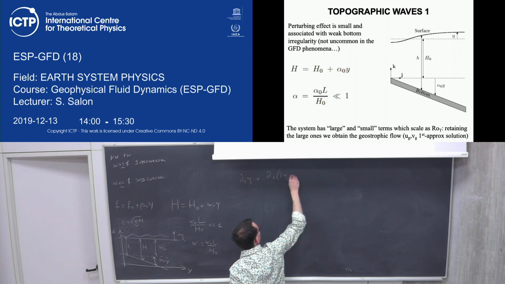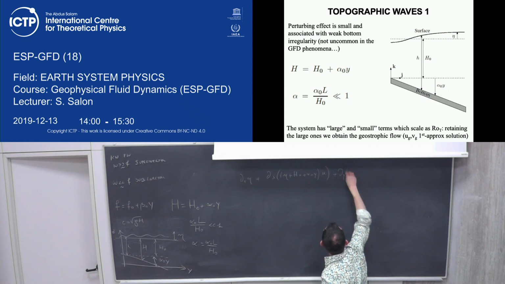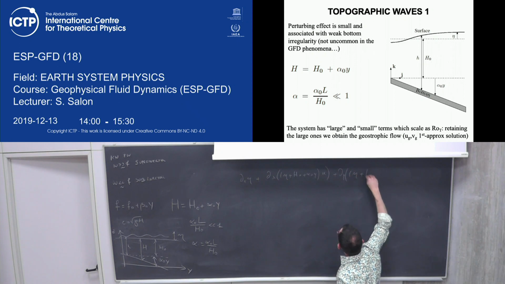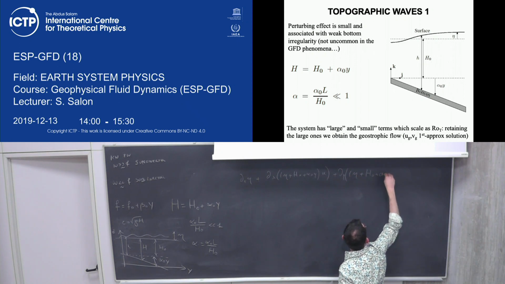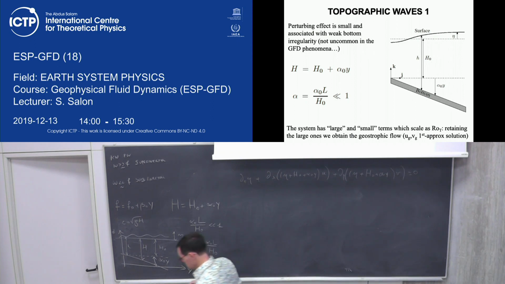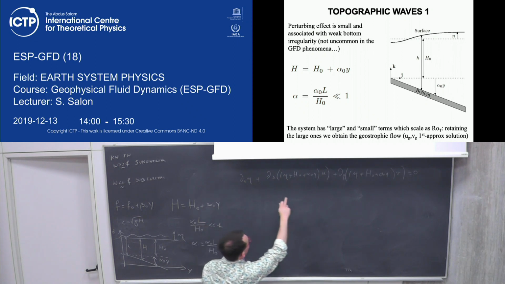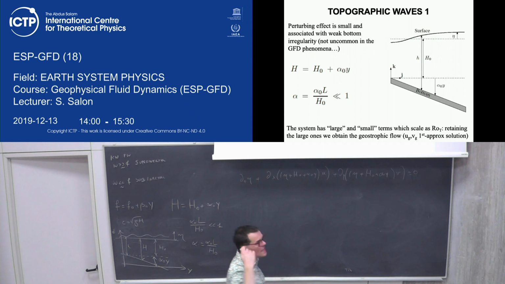We will have d_x of (eta plus h0 plus alpha 0 y) u plus d_y of (eta plus h0 plus alpha 0 y) v equal to 0. Which expression is this? This is the continuity equation, where we have considered one step before the one that we analyzed two days ago.